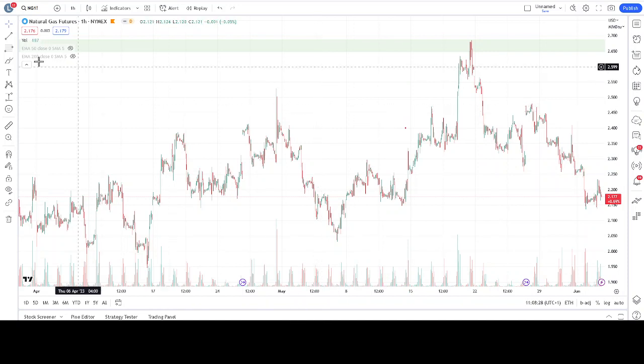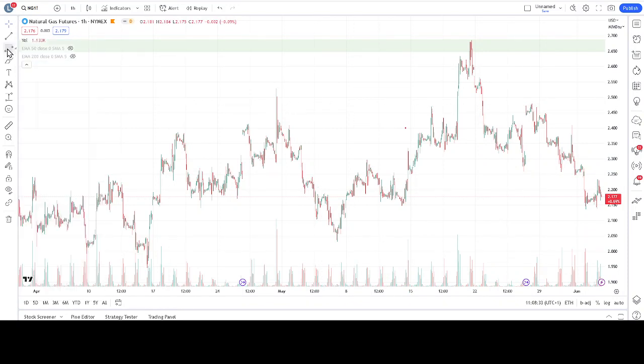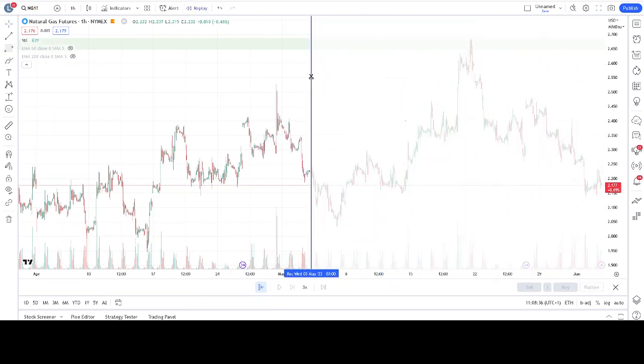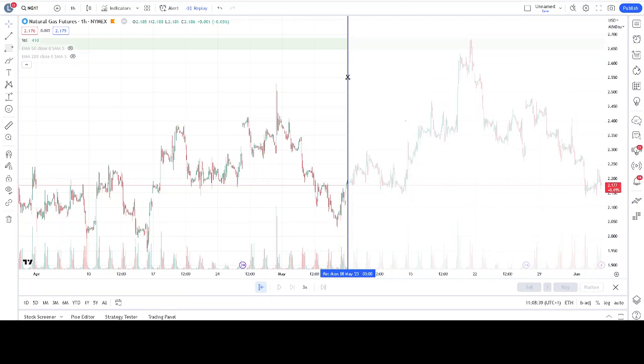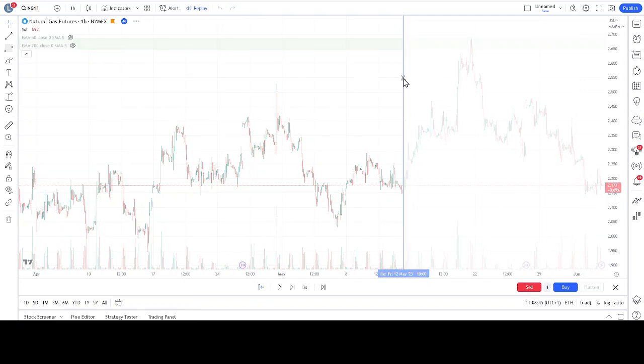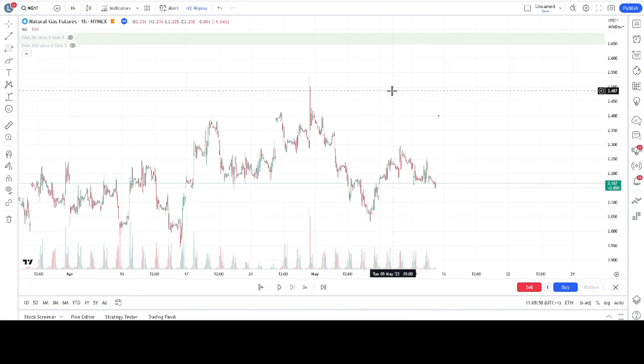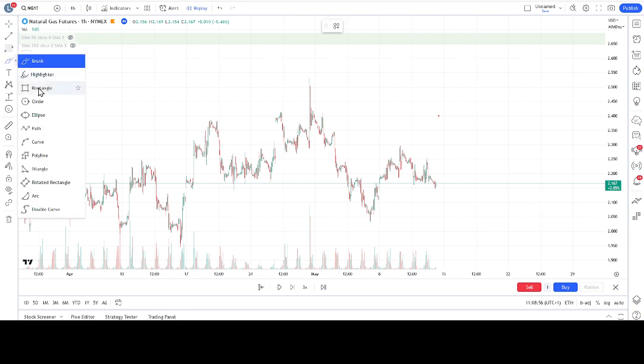So let me draw the resistance first. Let us do one thing. Let me go in replay. So as you can see, let me just take the rectangle.